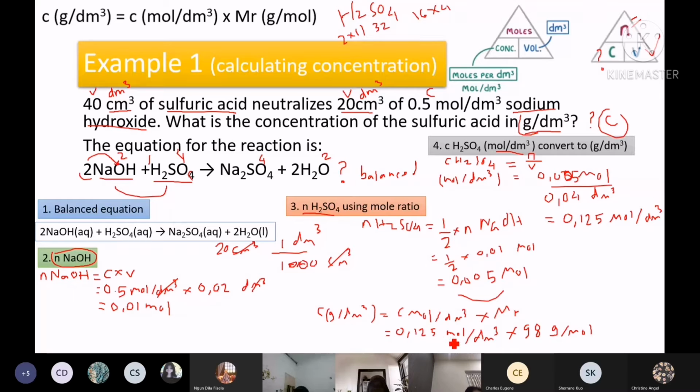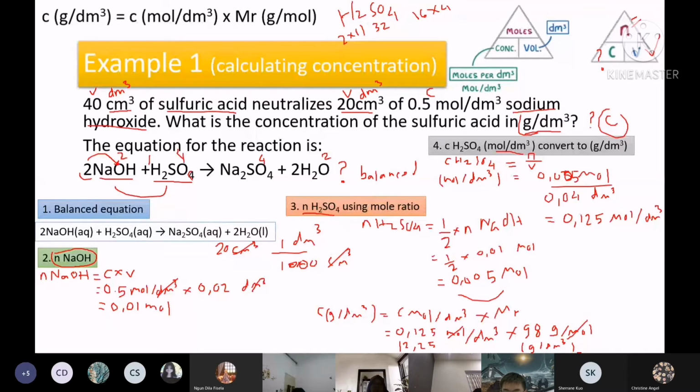So we can cancel mole and mole minus 1, and the unit is grams over dm cube. 0.125 times 98. What is the answer? 12.25. Very good. 12.25 gram over dm cube. Okay, understood?